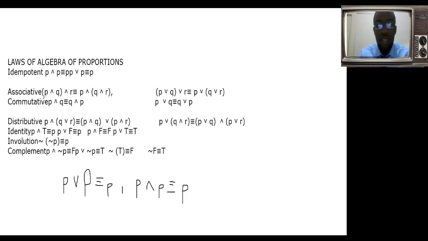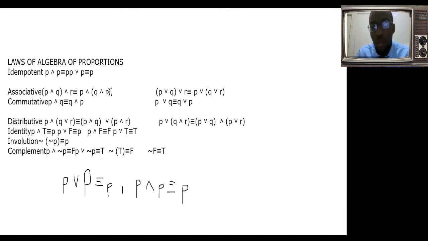Then we have the associative law, where we have P and (Q and R), which is the same as (P and Q) and R. Imagine we have 1 plus 2 plus 3. 1 plus 2 gives 3, then 3 plus 3 is 6.